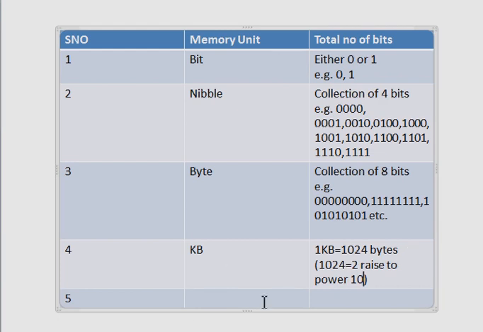In the same way, if you are saying MB, again it will be 1 MB equals 1024 KB.